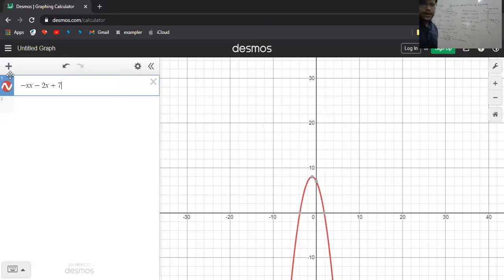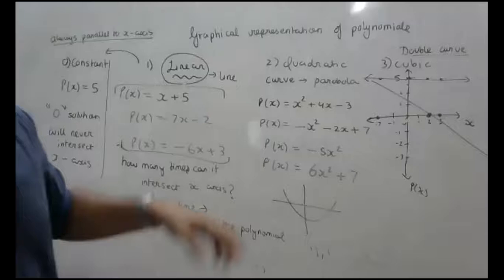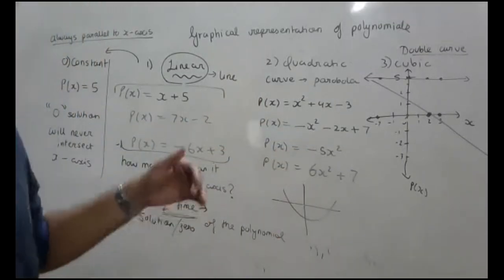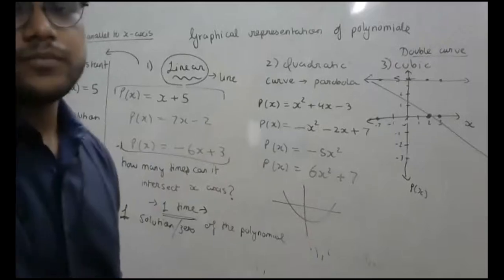See, right now the graph is towards the negative axis, downwards है, जो आपका U shape है, downwards है. लेकिन for us what is important? वो x axis को 2 points पे कट कर रहा है. If it is cutting the x-axis at 2 points, then it means it is having 2 solutions, 2 zeros. Okay, so even this is a quadratic equation, which is cutting the graph at 2 points.